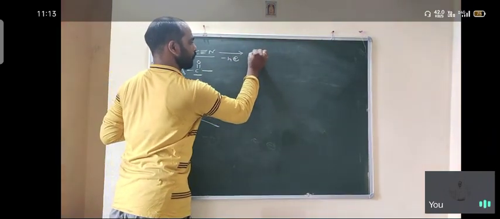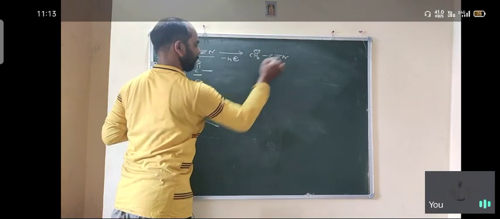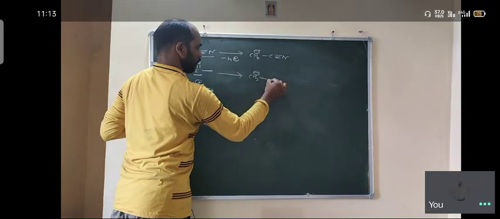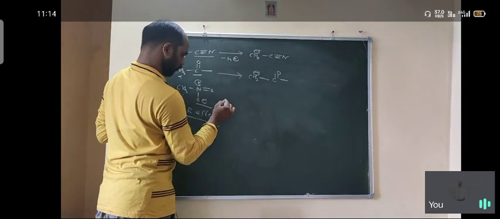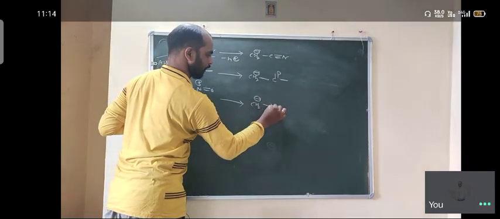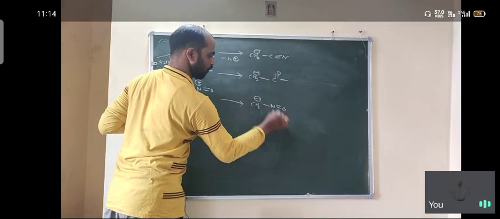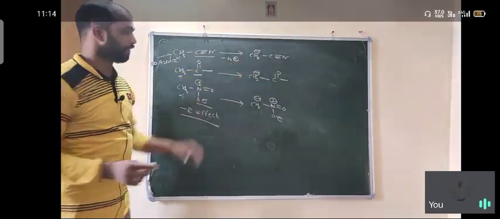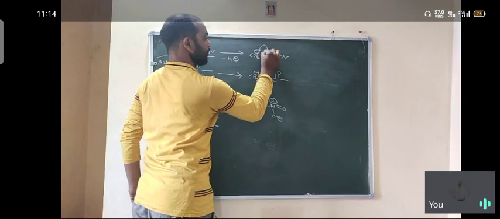Here is CH2 negative, C triple bond N. Here is CH2 negative, C double bond O. Here is CH2 negative, NO2. That means once we get the proton out, we get the carbanion, and the condition is that it should be stabilized.